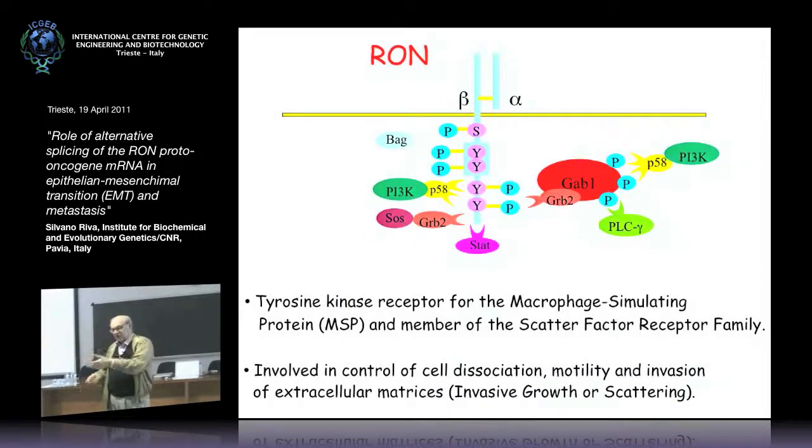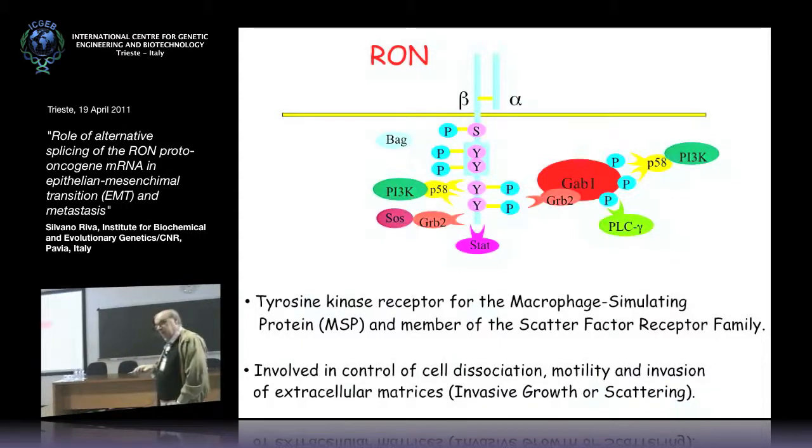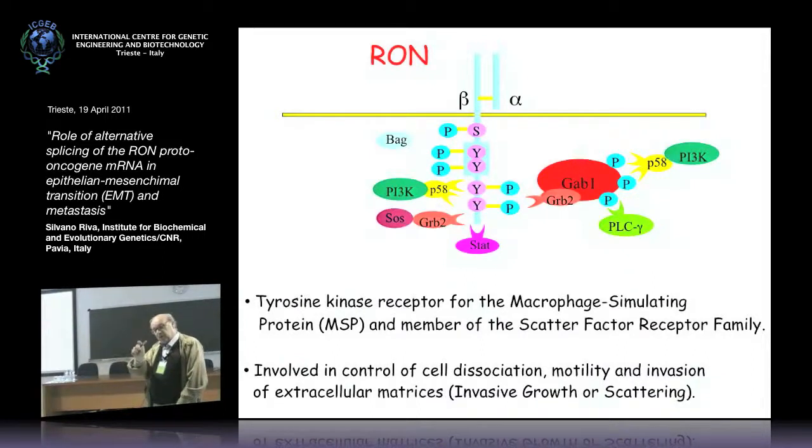It's a cell plasticity program, which is important for development, embryogenesis, and other things. But unfortunately, it's very important also for cancer development. So cancers can stay there or become metastatic because some of their cells undergo this epithelial to mesenchymal transition.